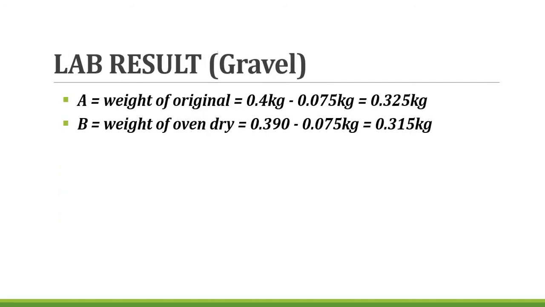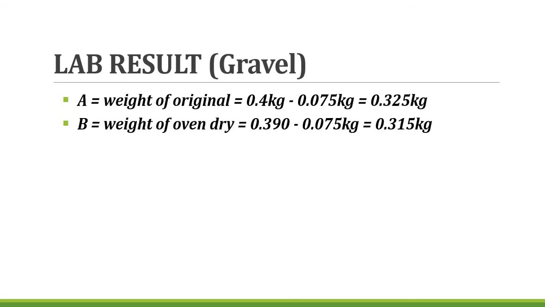So according to our lab result on the gravel sample, A, the weight of the original sample, that means the moist gravel, is 0.4 kilograms. But we will neglect the can, that means the container, whose weight is 0.075 kilogram. So subtracting 0.4 kilogram minus 0.075 kilogram, it is 0.325 kilogram.